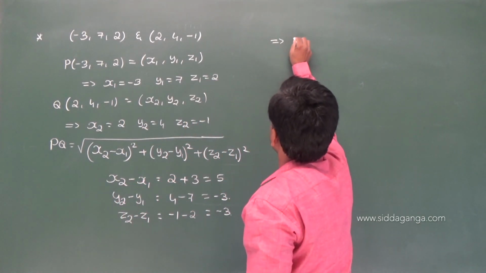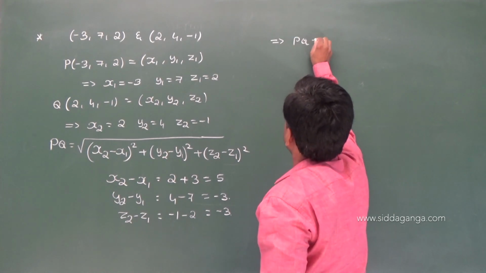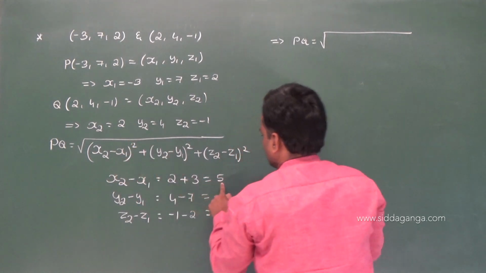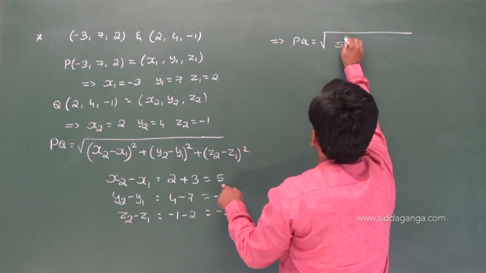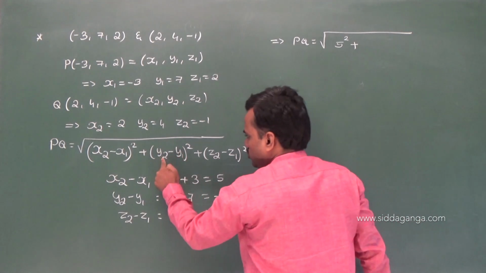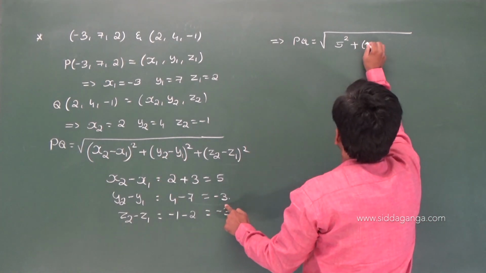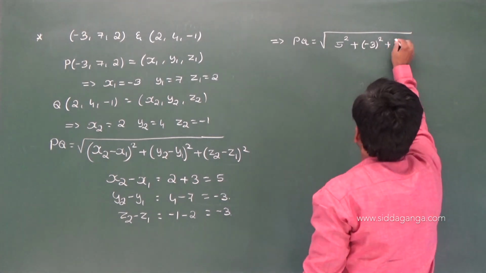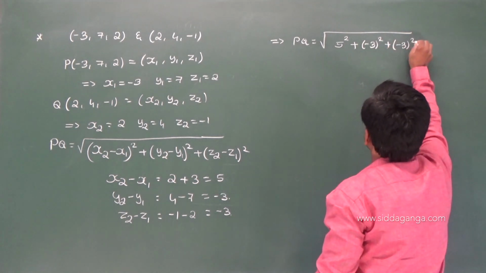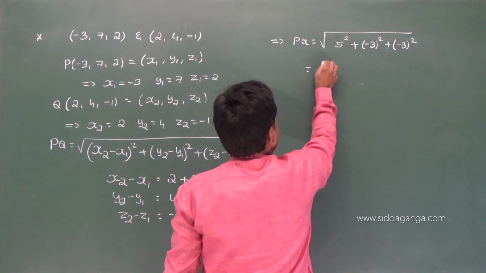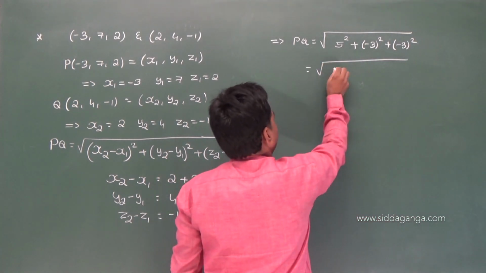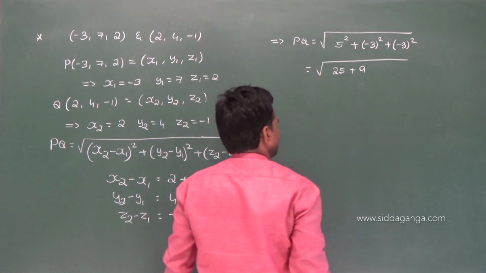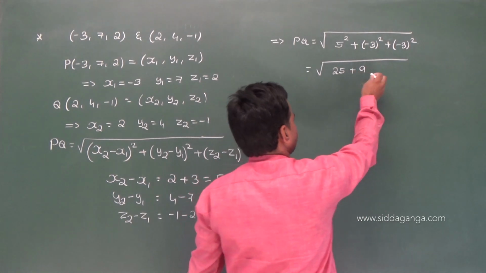That implies the distance PQ is equal to square root of 5 square plus minus 3 whole square plus minus 3 whole square. Calculate. 5 square is 25. Minus 3 square is 9, since minus squared is plus.